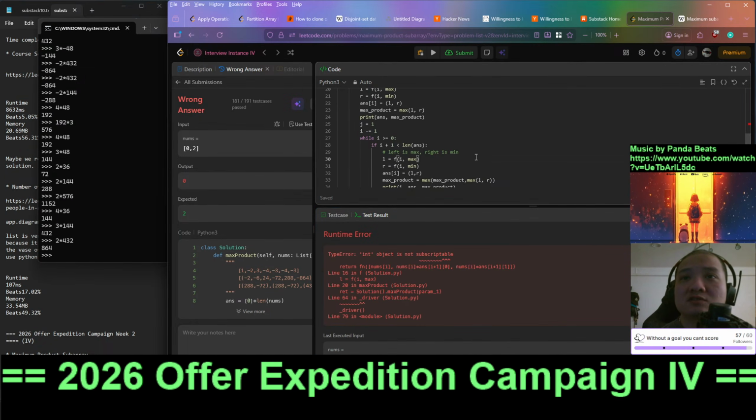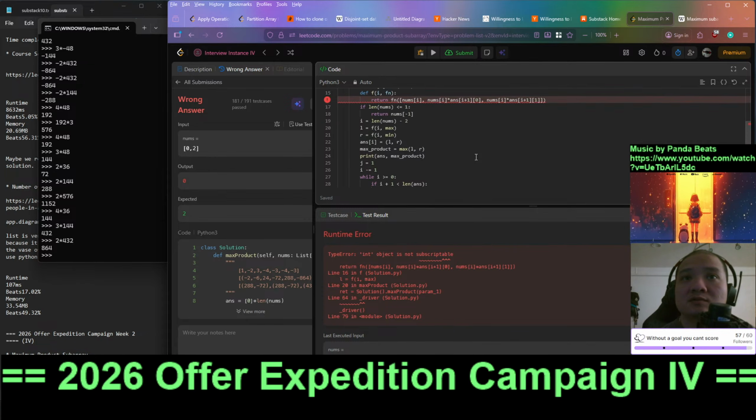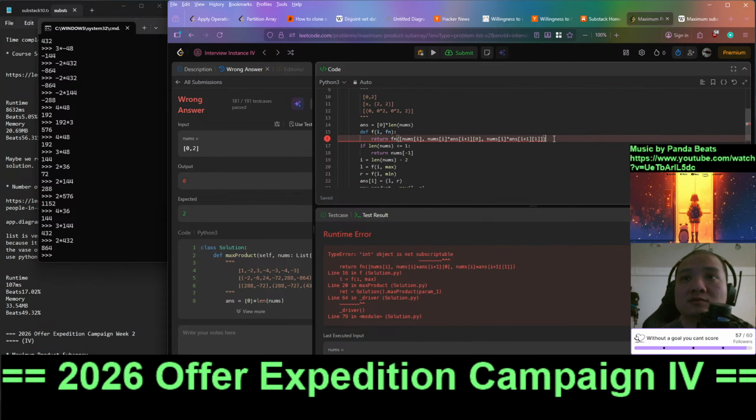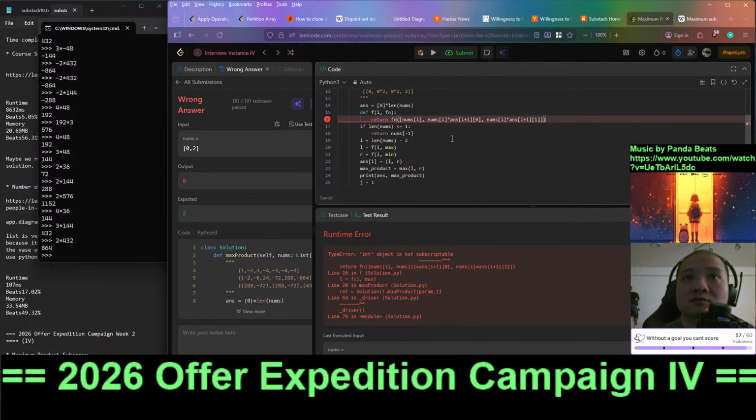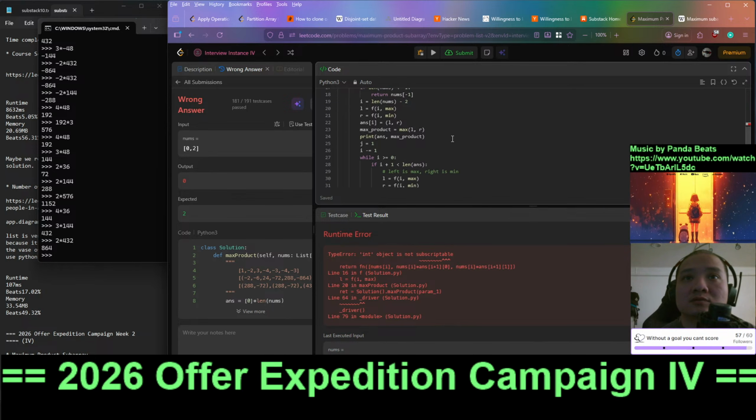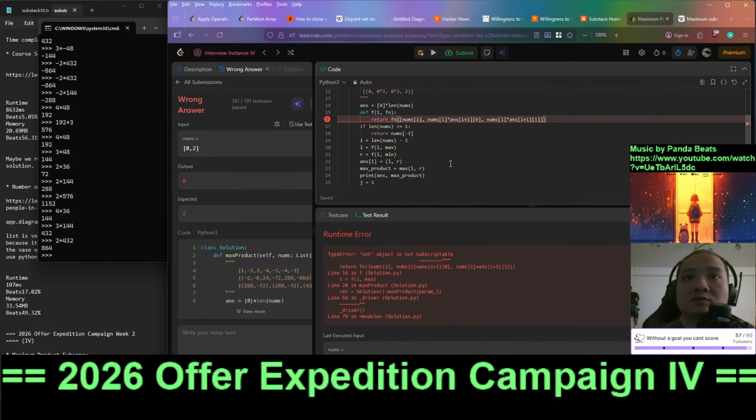In object is not subscriptable. What? For what?